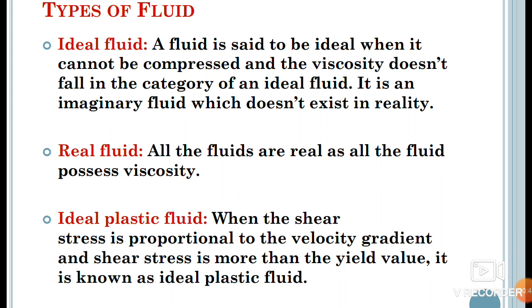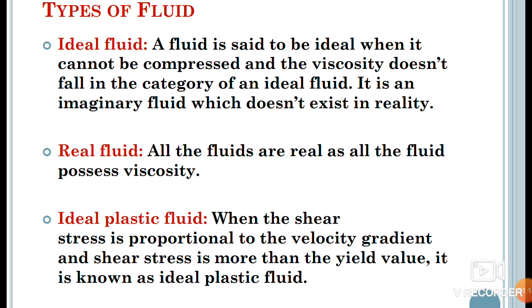A fluid which does not possess any viscosity and which cannot be compressed can be explained as ideal fluid, but it is just an imaginary fluid which does not exist in reality. Because all fluids possess some kind of viscosity and all fluids are somewhat compressible. So an ideal fluid is just an imaginary fluid.